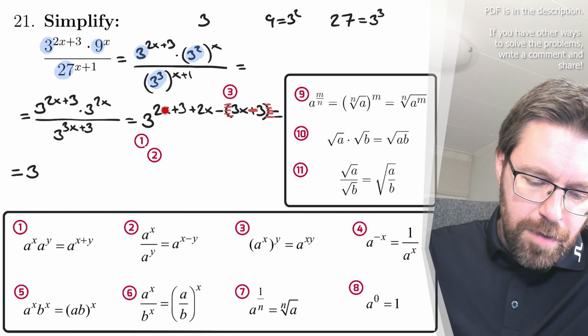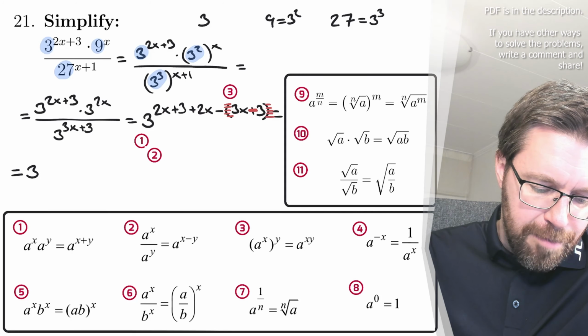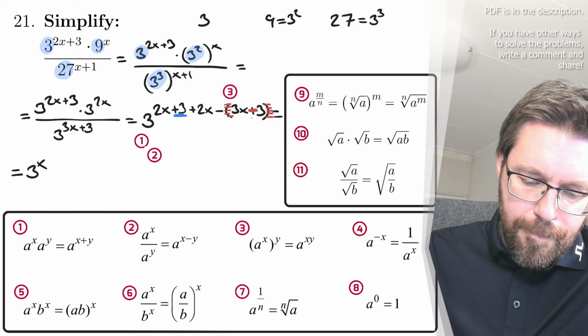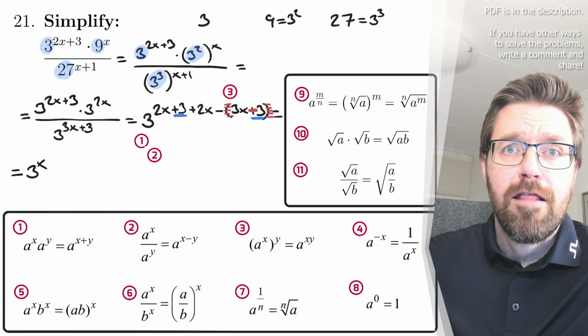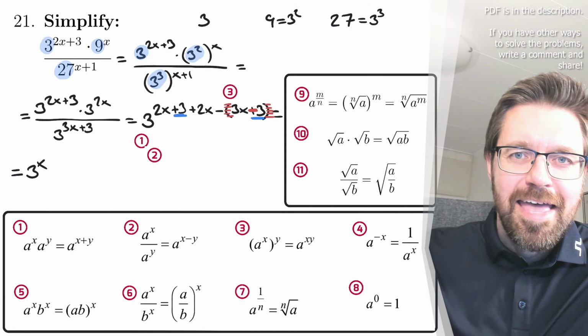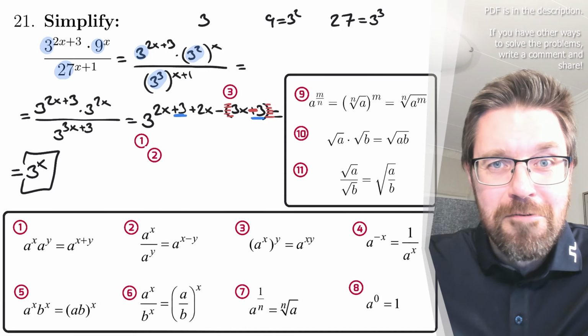So 2x plus 2x minus 3x equals only x. And then we have 3 and then minus 3, and they cancel each other out. So it only means 3 raised by x. Okay, this is the answer.